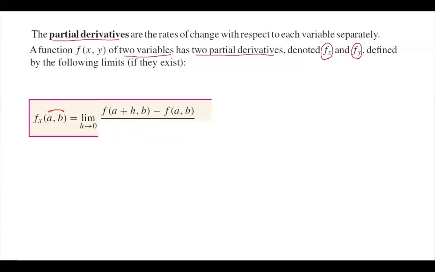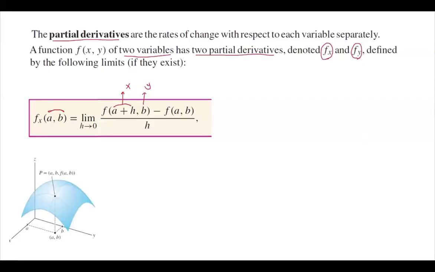So instead of your x, you're using a plus h, and instead of your y, you're using b, minus f of a and b, divided by h as h goes to 0. Again, this is the partial derivative with respect to x. Here's a nice visualization for you. When you plug in a and b, your z value is f of a and b.